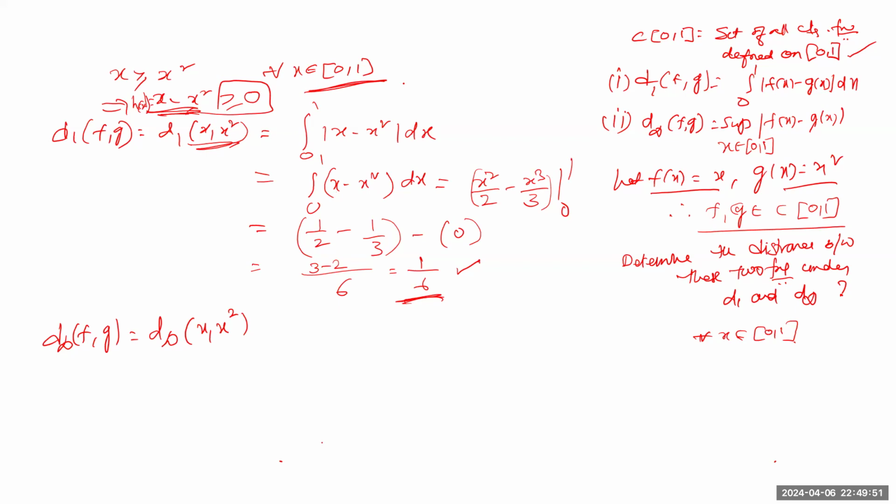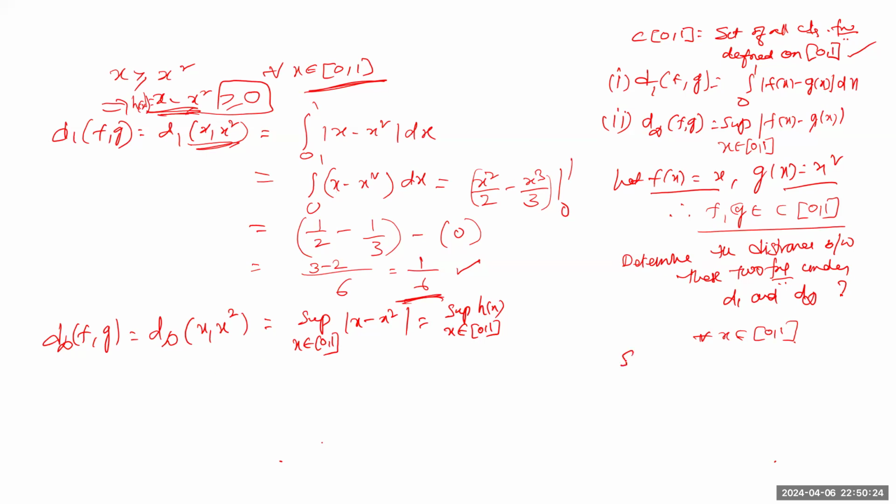Okay. So what is this one? This is nothing but the supremum of modulus of x minus x square, where x belongs to 0 comma 1. So that is nothing but the supremum of h of x, where x belongs to 0 comma 1, right? So what is the h?